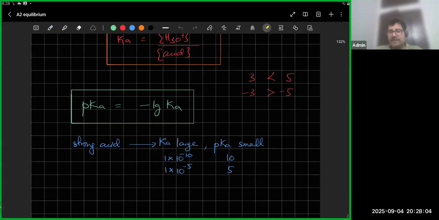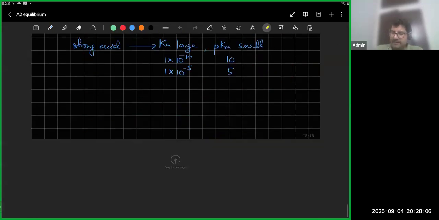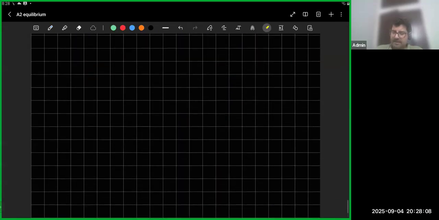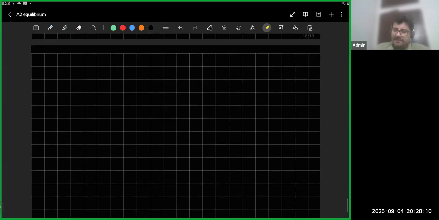It uses the same exact expression, but it's slightly more confusing. So what's a buffer solution? The first thing they're going to ask you is the definition of what this is.